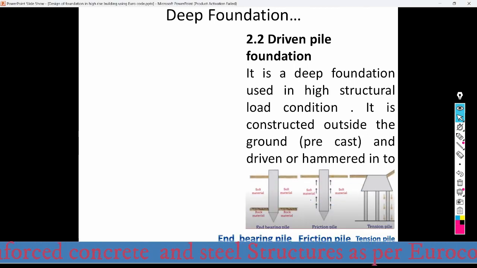Here, this is the end-bearing pile, and this is the friction pile, and this is the tension pile. So, with reference to the driven pile, if the majority parts of the superstructure load is resisted by the end-bearing parts of this driven pile, the pile will be called end-bearing pile. If the majority parts of the columnar load is resisted by the side friction, the driven pile is called side friction pile.